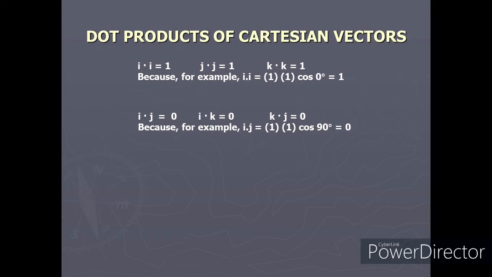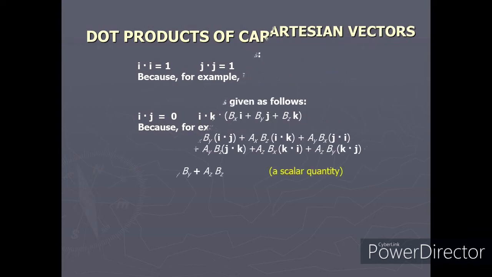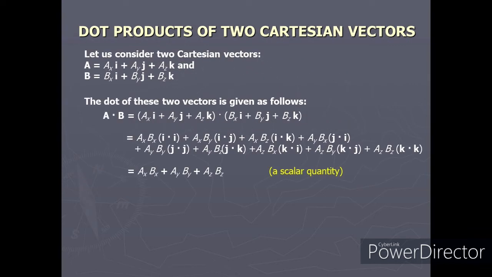So J dot K is 0, K dot I is 0. You are being confused with the cross product. It is in the cross product that I cross J is K. So that's exactly what we did here. I dot I equals 1, okay? And then the cross terms are all equal to 0.